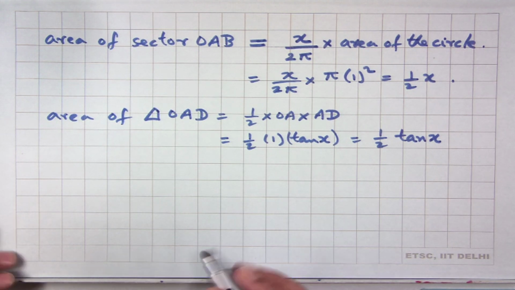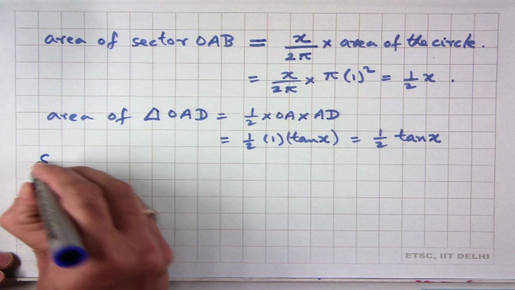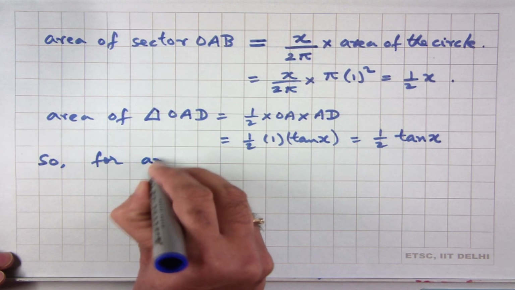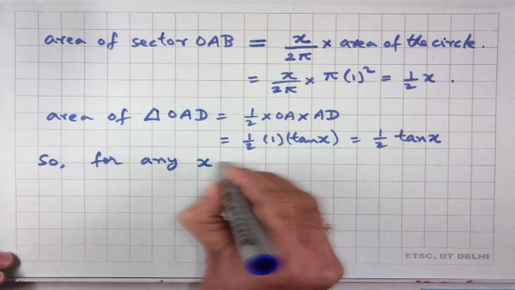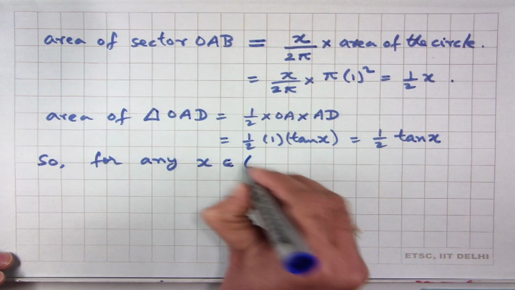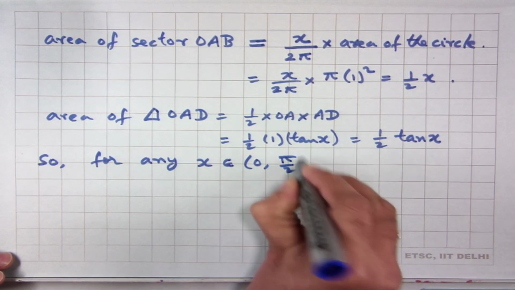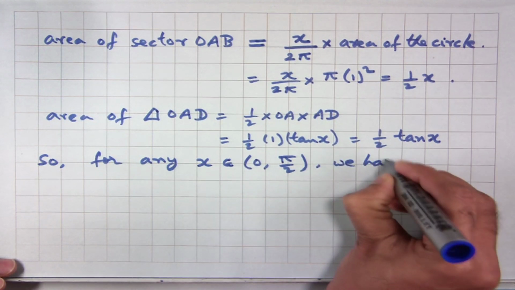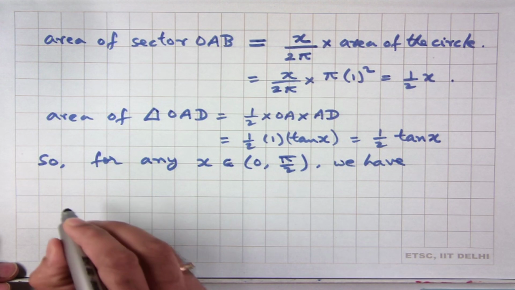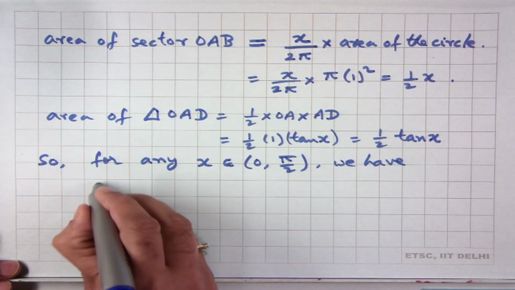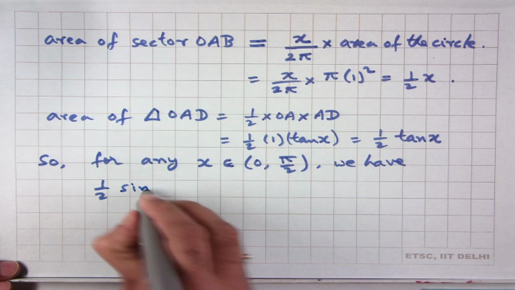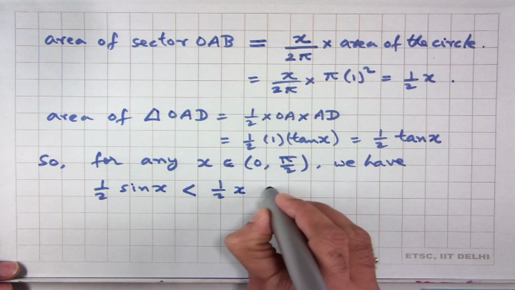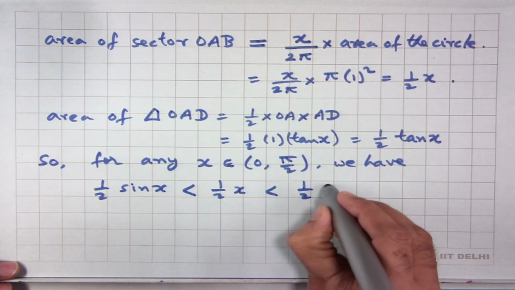So, what we get is that, for any x between 0 to pi by 2, we have that area of triangle OAB is half sin x, which is less than area of the sector, which is half x, which is less than half times tan x.